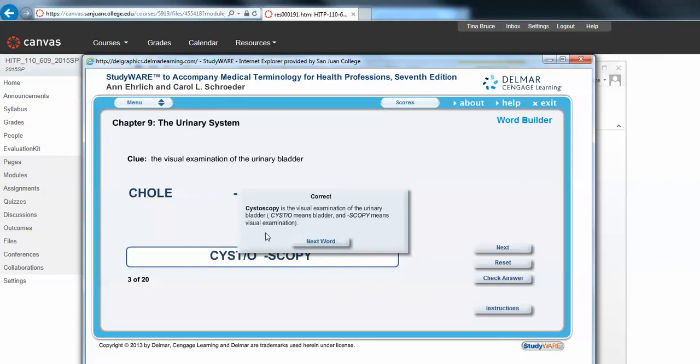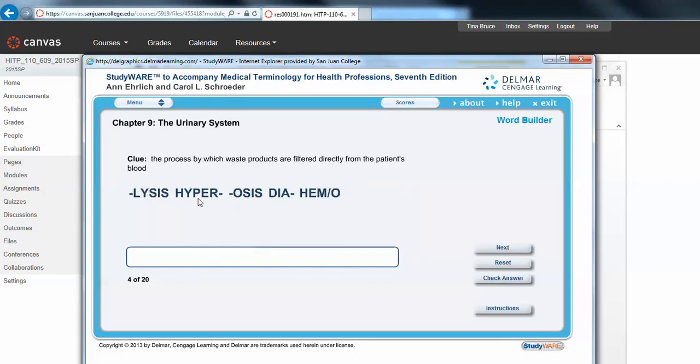The process by which waste products are filtered directly from the patient's blood is hemolysis, I believe. Oops.